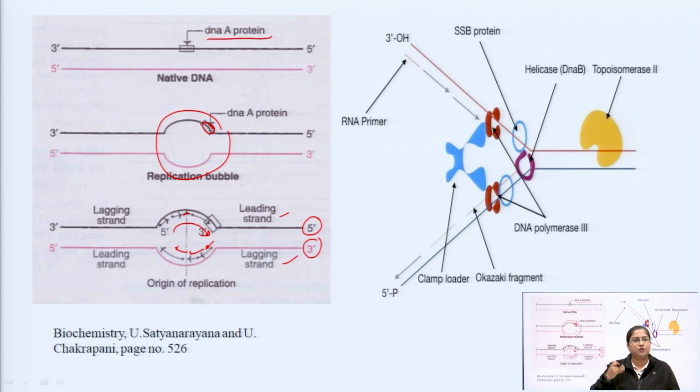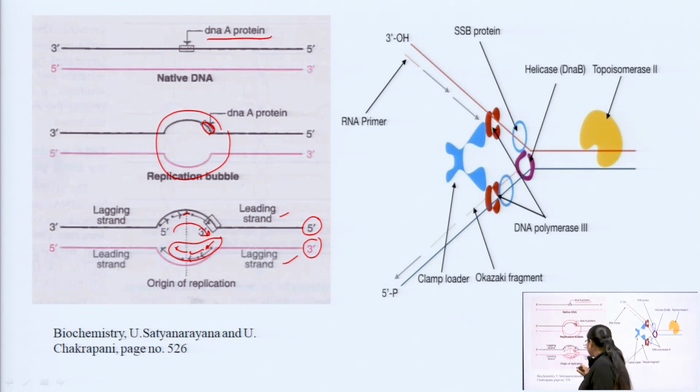That is why we need to do this on the lagging strand, and these small fragments later on will be joined together and a new daughter DNA will be formed. In the leading strand it is happening continuously, but on the lagging strand it is happening in discontinuous form. These small discontinuous fragments of newly synthesized DNA are called Okazaki fragments.